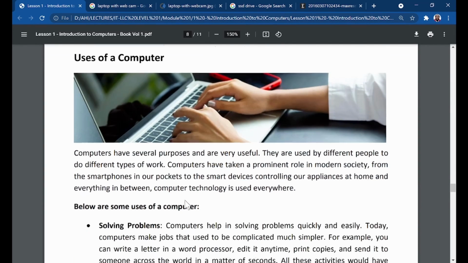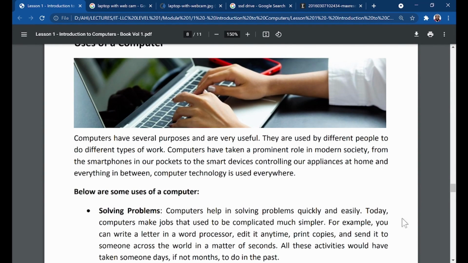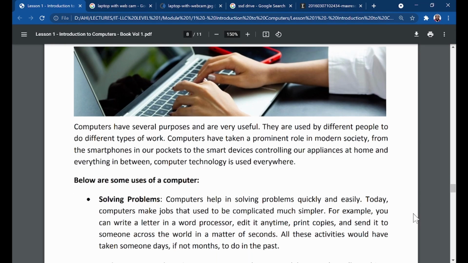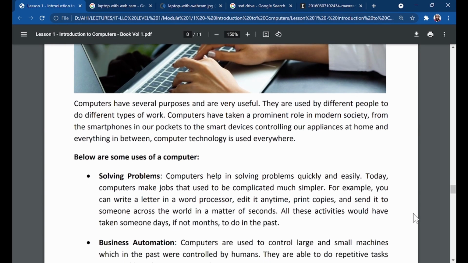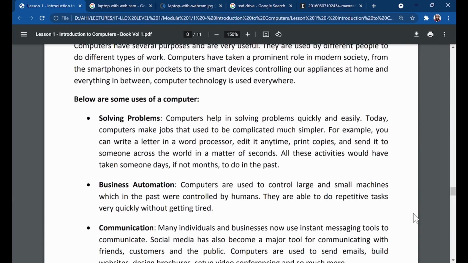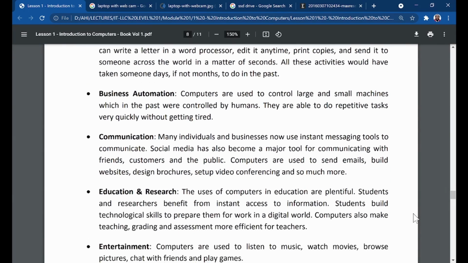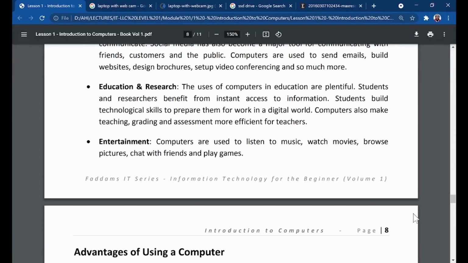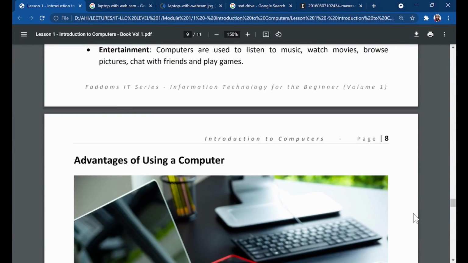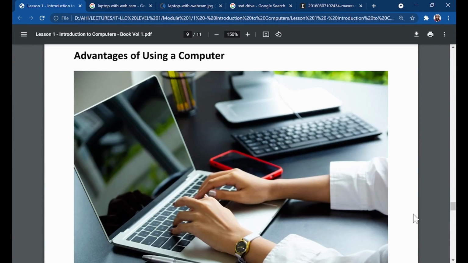So uses of a computer. This is your job. You're supposed to read what computers can do, or what computers are used for. Advantages of using a computer.